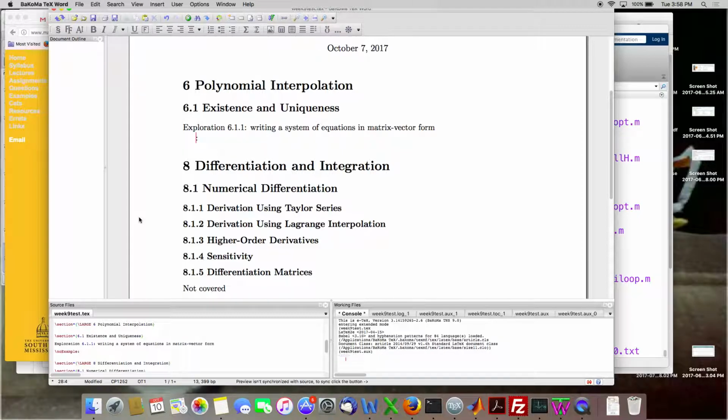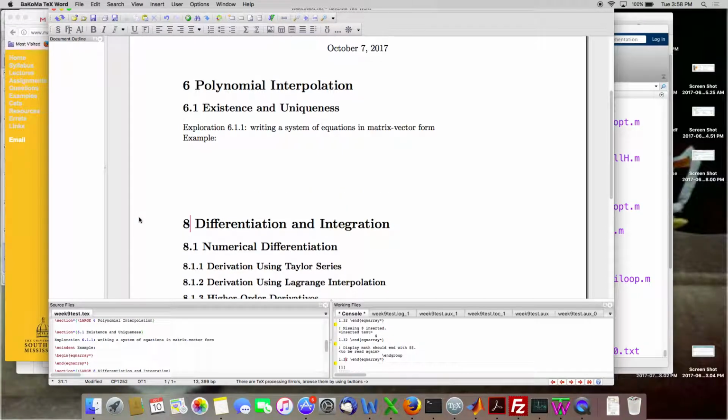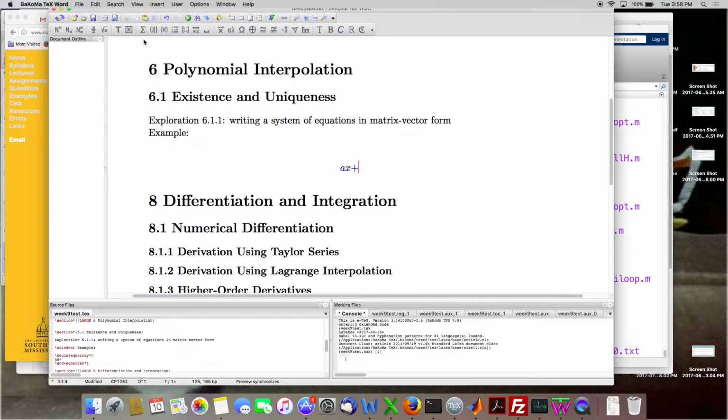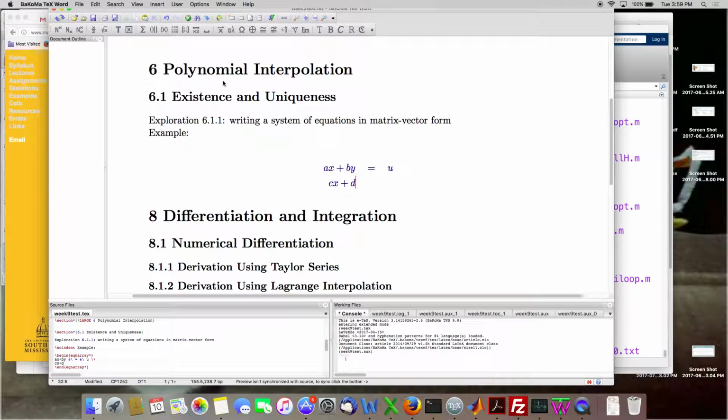Okay. If I write out a system of equations, I'll just do 2 equations. As I finish each equation, it'll show up on the screen. For instance, ax plus by equals, let's say, u. And for the second equation, cx plus dy equals v.